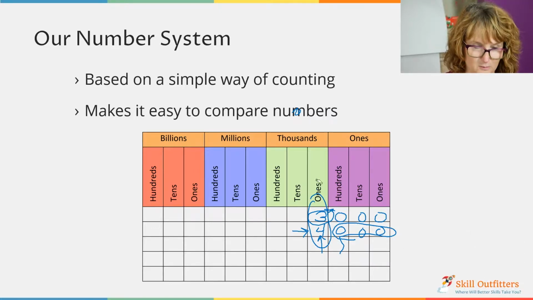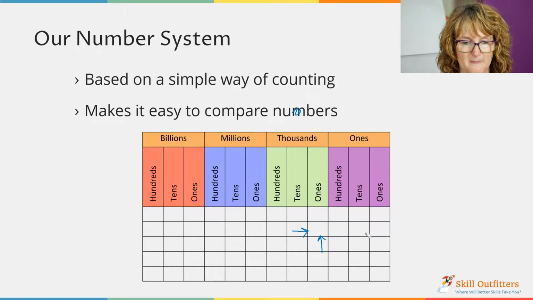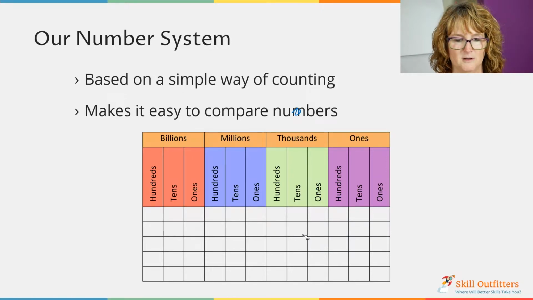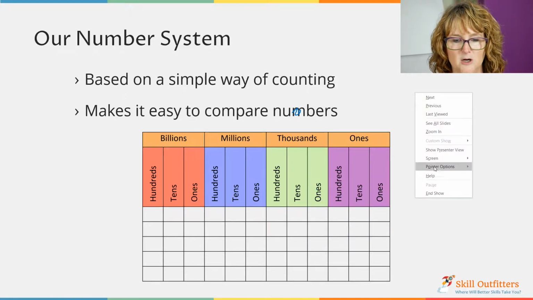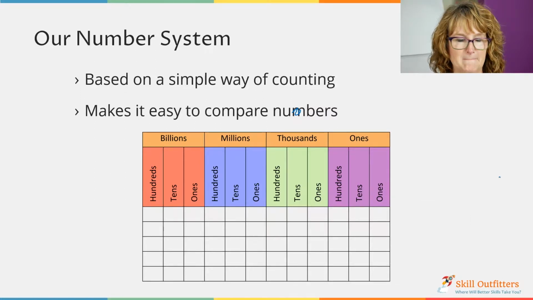All right. So sometimes we also can compare even bigger numbers. Okay, so let's erase this. Get rid of all of that. Okay, and now let's compare some numbers that are even bigger.